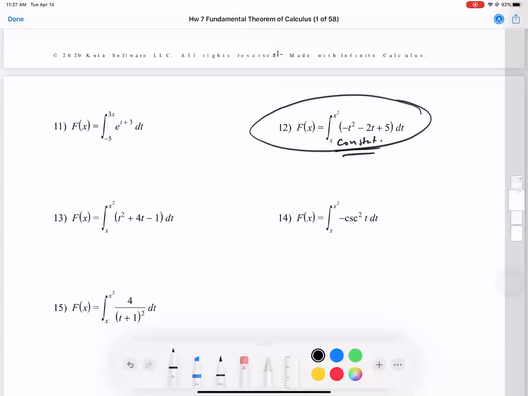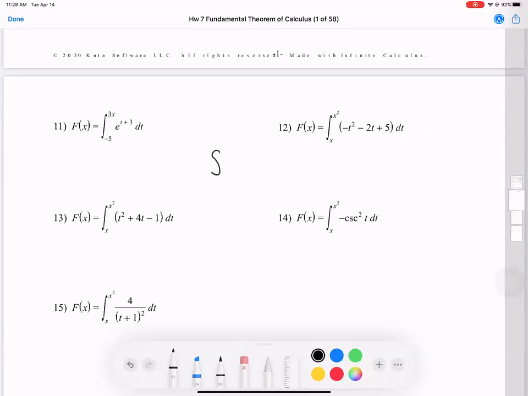Again, problem number 12 doesn't fit our fundamental theorem of calculus rule because we need a constant to be one of our endpoints, from a to b. So what we do is we cheat, we split it. We use our rules from calculus, and integration can be separated into two separate problems.